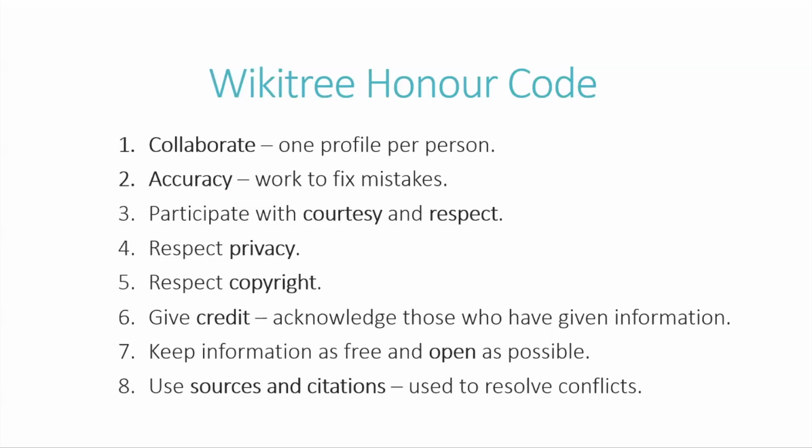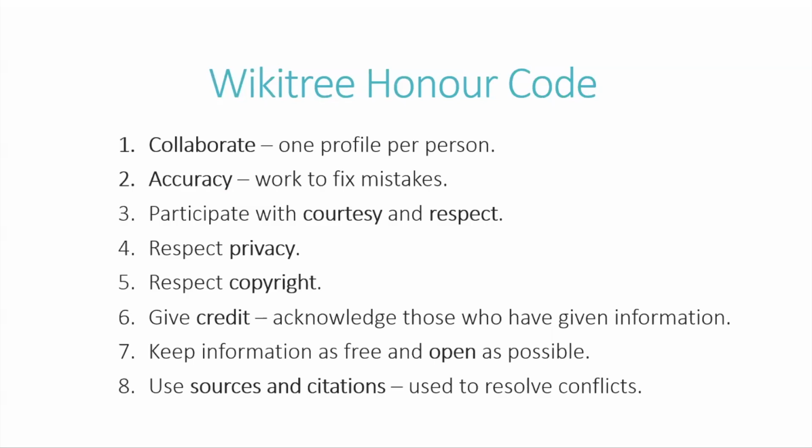I'm going to explain what a profile means, but it's going back to that thing of this single tree, so there should be only one profile for every person that either currently exists or ever existed in the world. And that's an important part of it.